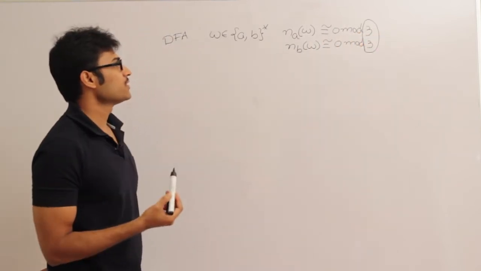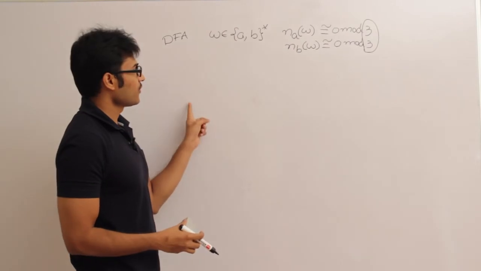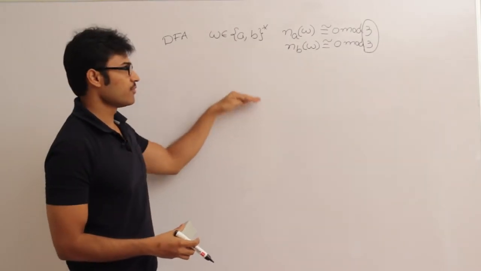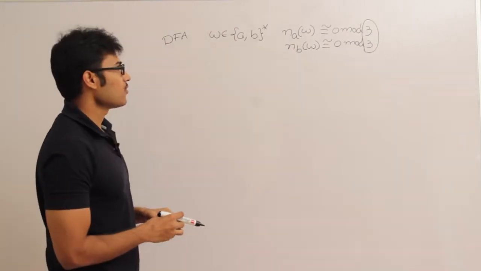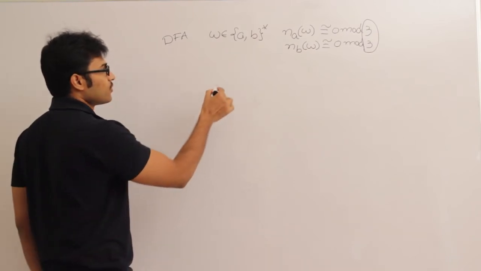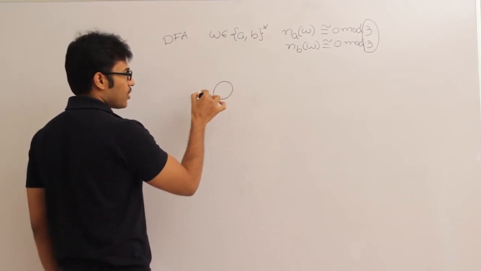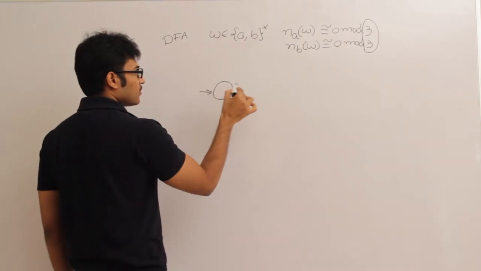And I will be using the same method, counting the number of A's horizontally and the number of B's vertically. So let me count the number of A's. The A counter is nothing but a mod 3 counter.